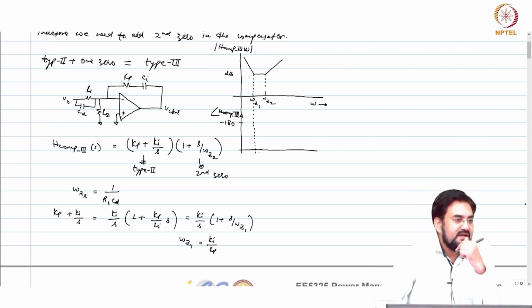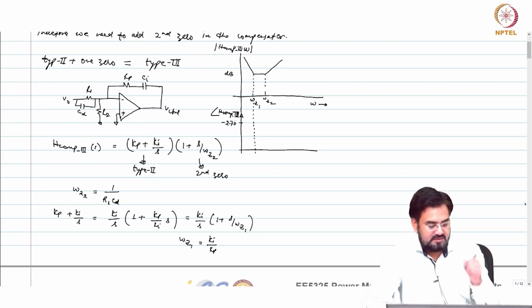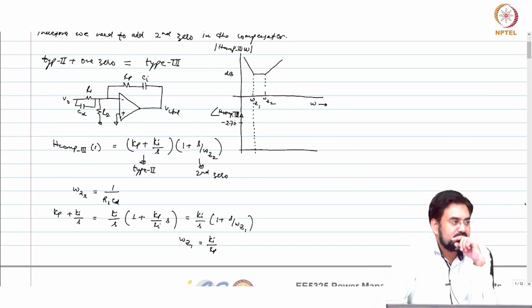So minus 180, and then you have one integrator, so it should be minus 180 plus, not plus 90 but minus of 180 plus 90, so minus 270. Minus 270. Then you have a 0. So at omega z1 what should be the phase?